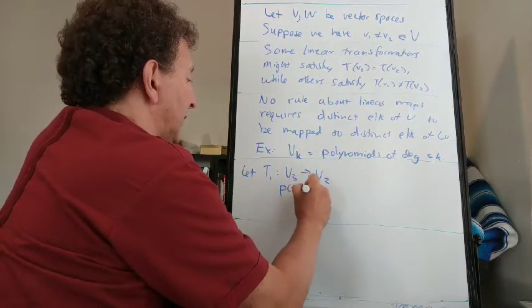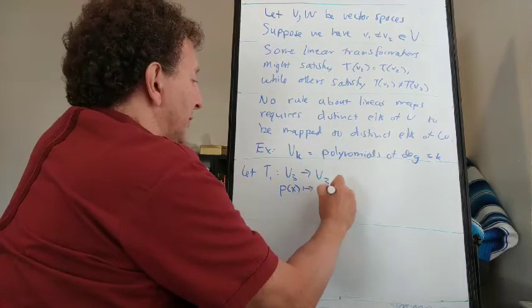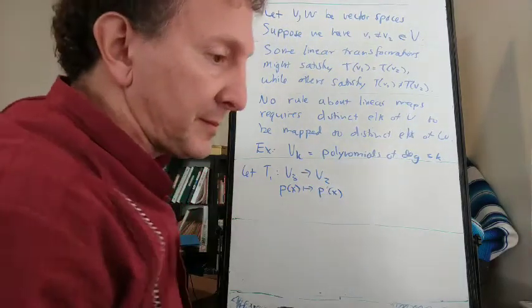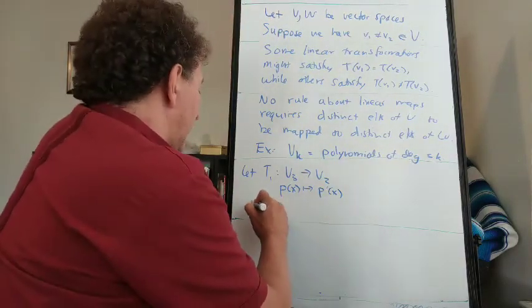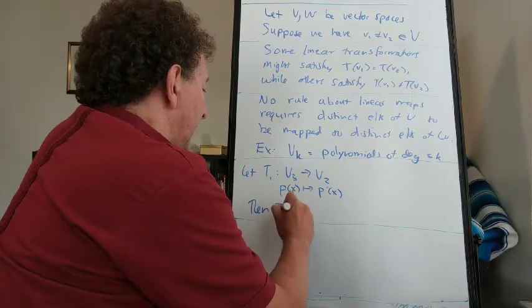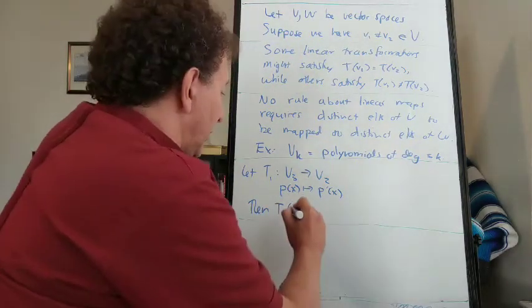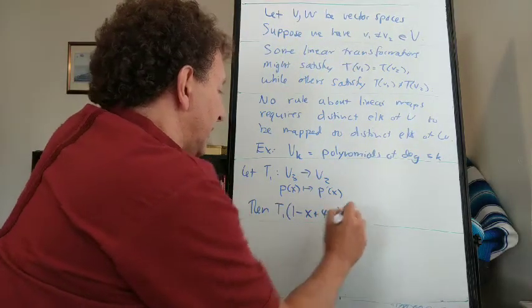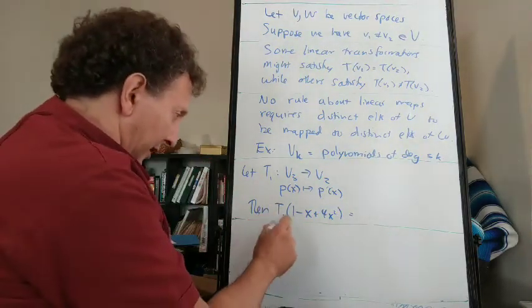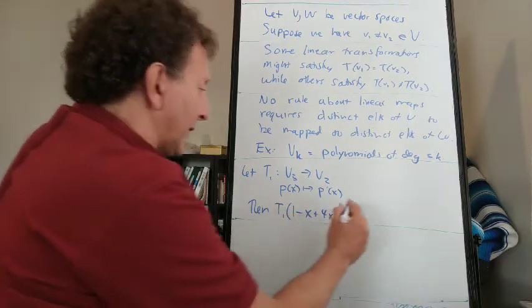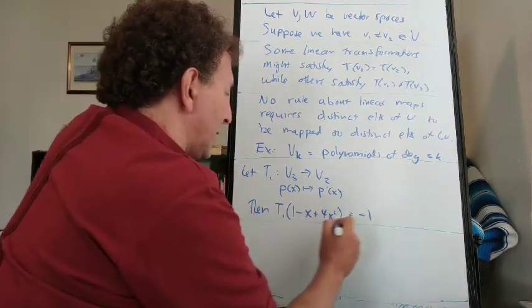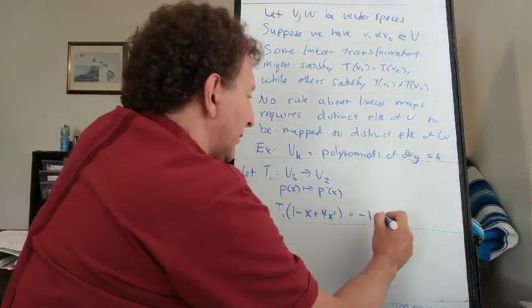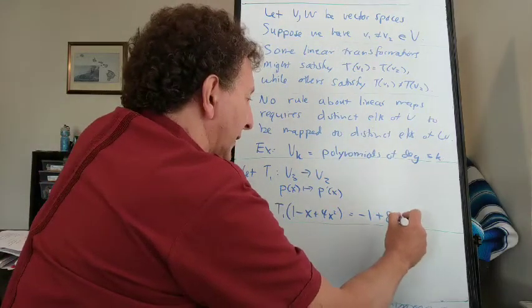So P of x gets mapped to P prime of x. Then T1 of 1 minus x plus 4x squared equals, the constant differentiates to 0, negative x differentiates to minus 1, and 4x squared differentiates to 8x.